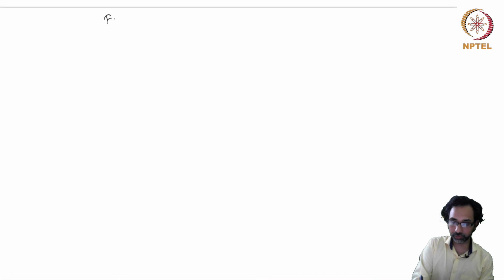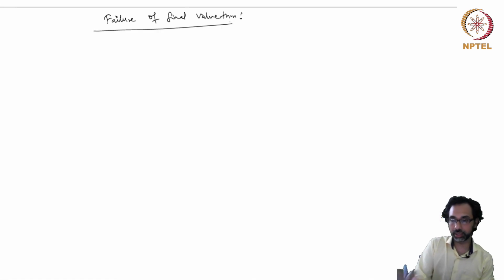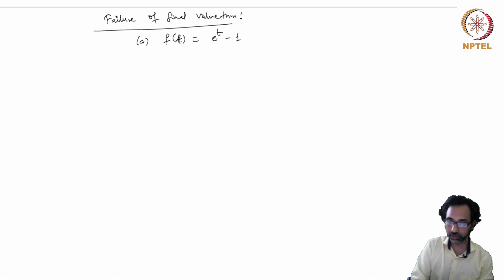Let's see failure of the final value theorem. In this case we take f(t) to be e to the power t minus 1. So our F(s) is 1 over s minus 1 minus 1 over s, which is nothing but 1 over s times (s minus 1).